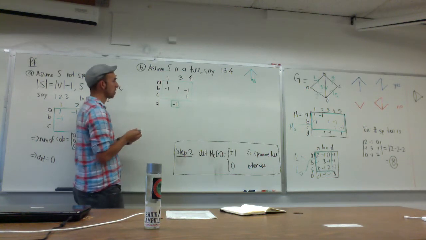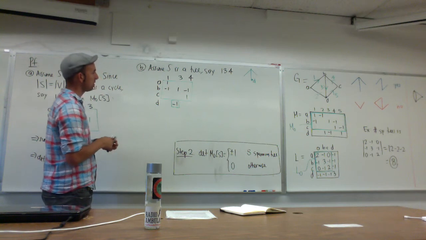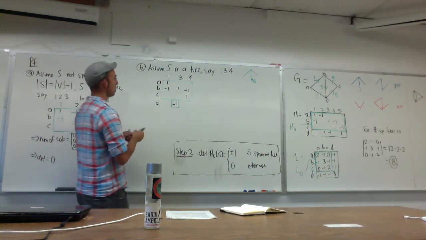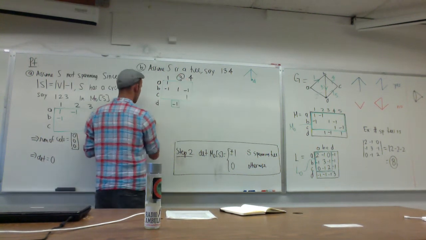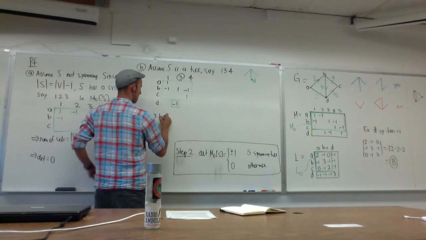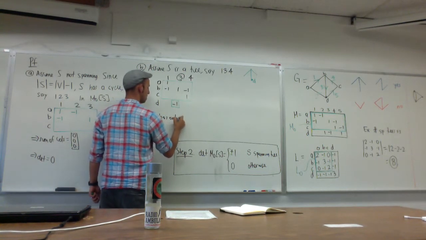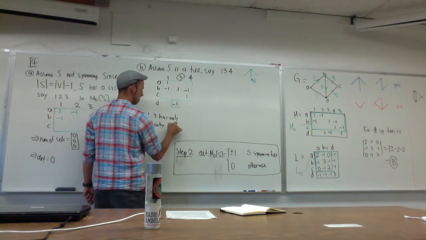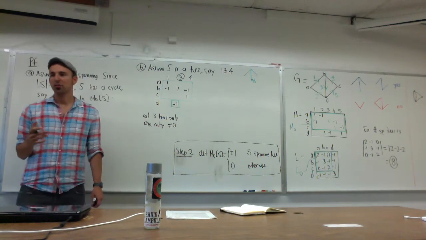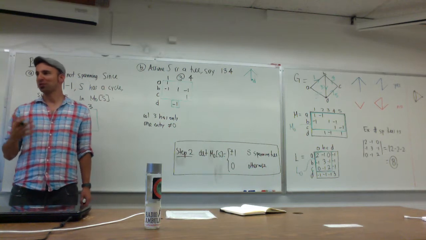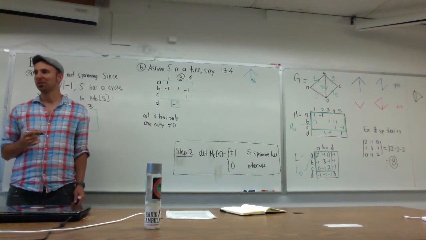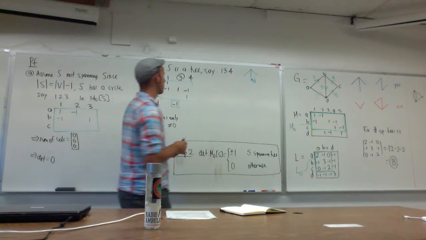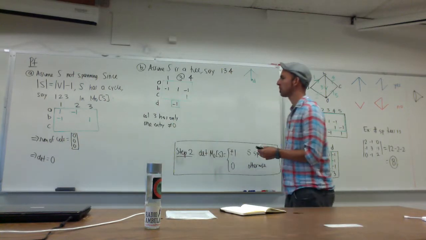Right? And so I choose that column. So here, column 3 has only one entry, which is not 0. And then I do this expansion by cofactors that you do with determinants.